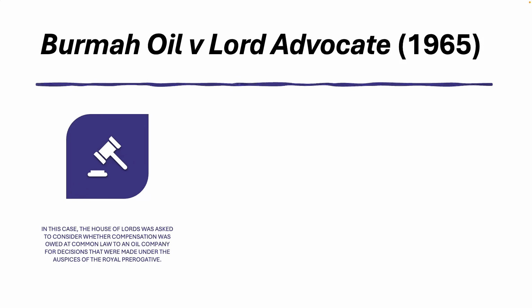So this case was one in which the House of Lords was essentially invited to consider whether compensation was owed at common law to an oil company for decisions that were made under the auspices of the royal prerogative. Now, I'm saying the House of Lords because historically the House of Lords was the highest point of appeal in the judiciary.